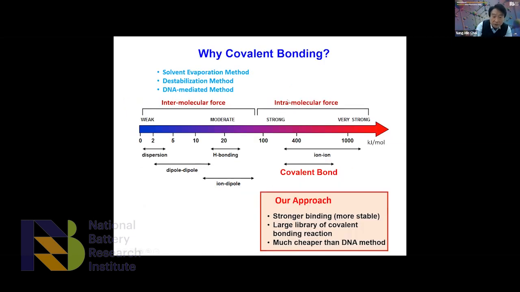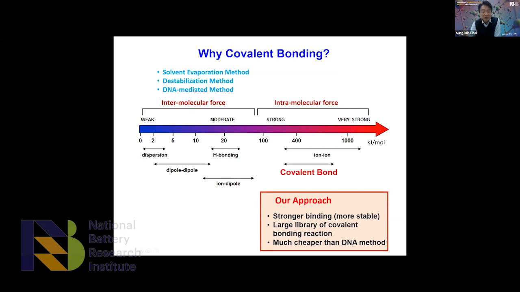So here, people have been using solvent destabilization, evaporation, or DNA-mediated methods. In fact, particles interact in these methods through intermolecular forces, basically hydrogen bonding, for example in DNA cases. Which is very nice, but on the other hand, the binding force is rather low, meaning it can become easily unstable.